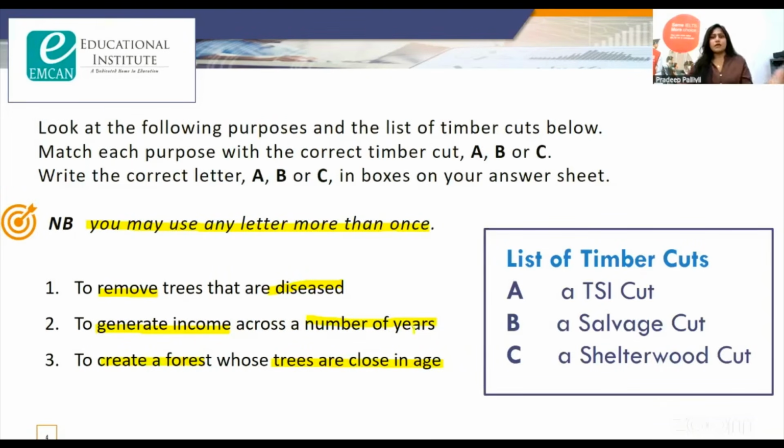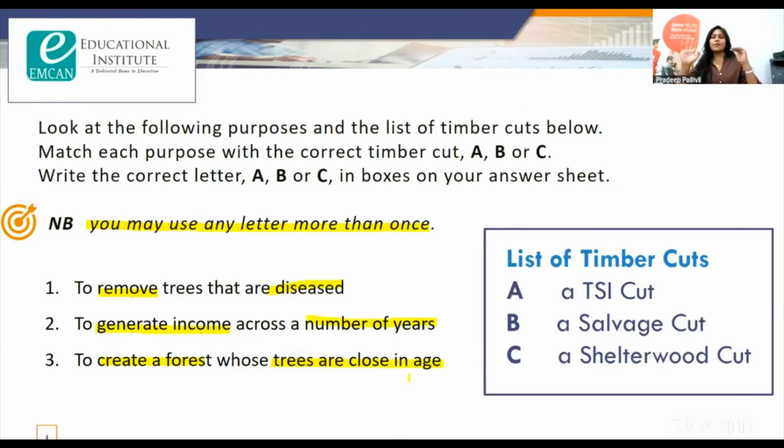So a number of years, maybe 10 years, 20 years, maybe many. So they will definitely talk about years here. Then to create a forest whose trees are close in age. They're definitely talking about the age of the trees.